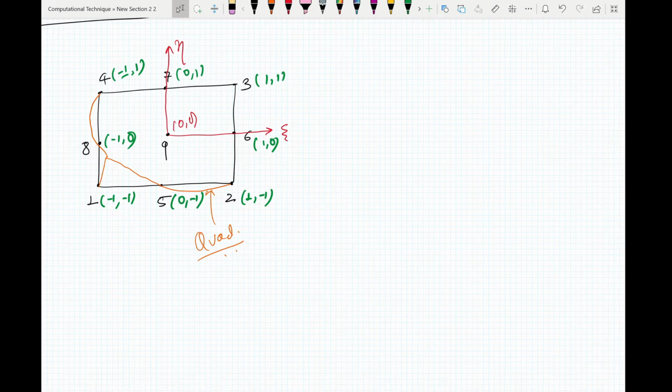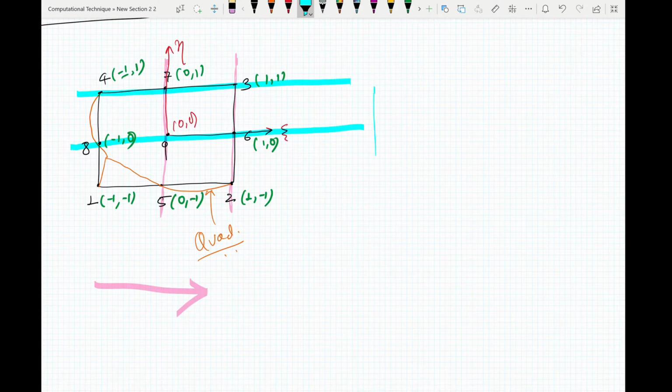Now you can see that in the xi direction, which is this direction, it is 0 along this line and along this line as well. In the eta direction, it is 0 along this line and along this line.